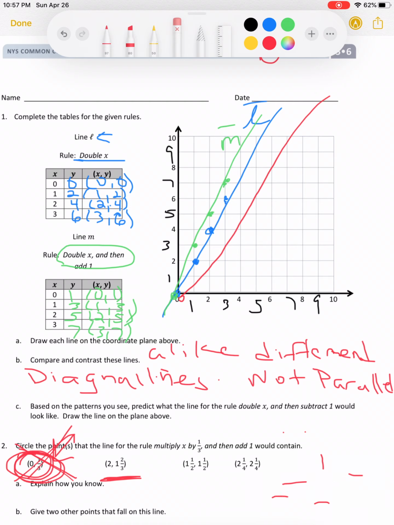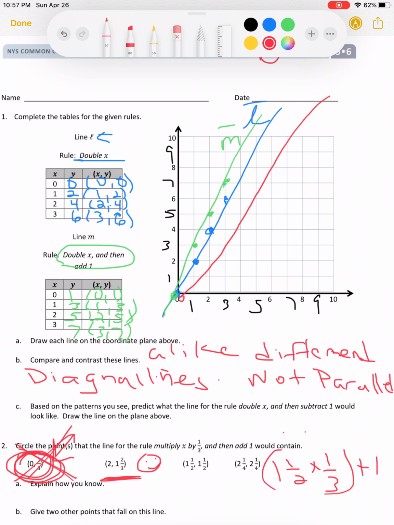So this one is very well a point on our coordinate plane. Let me give us some room. And here I'll put a heart or a smiley face to let us know that that is one of our points. Let's go to the next one. When x is 1 1/2, y is 1 1/2. It seems like nah, but let's just try our rule to make sure we're correct. So 1 1/2 is our x times 1/3 plus 1.